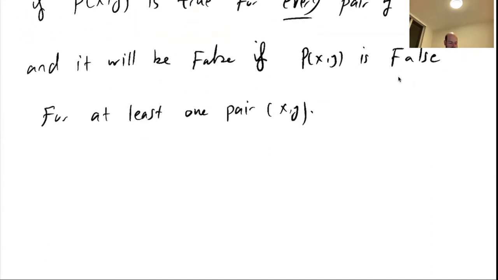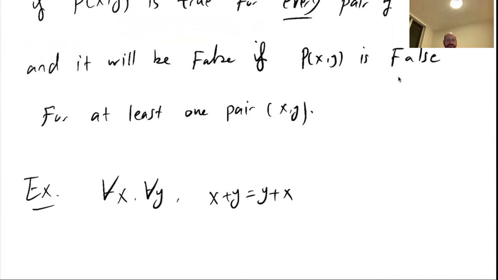So let's look at a mathematical example as well. Let's say for each x, for each y, x plus y is equal to y plus x. So this one is true, right?